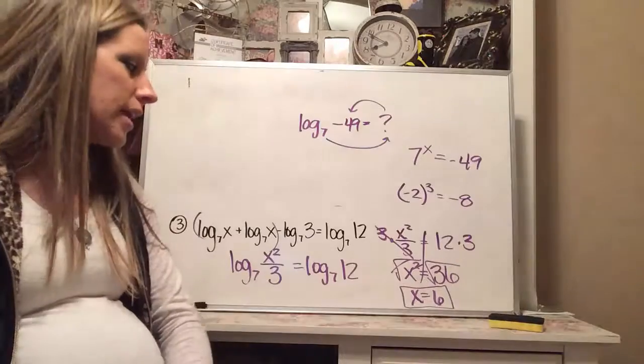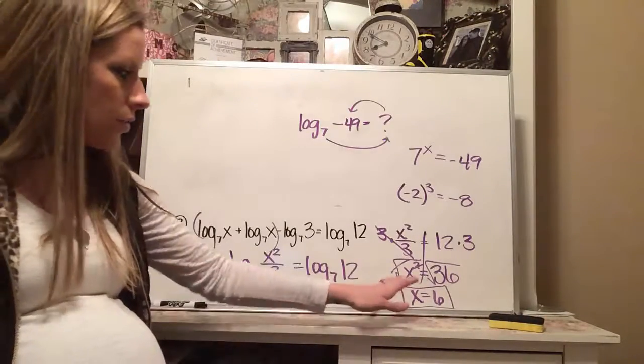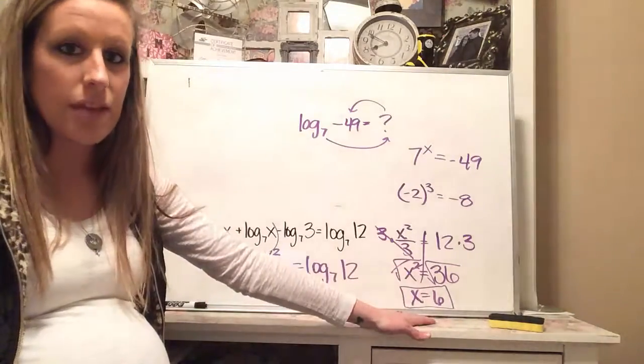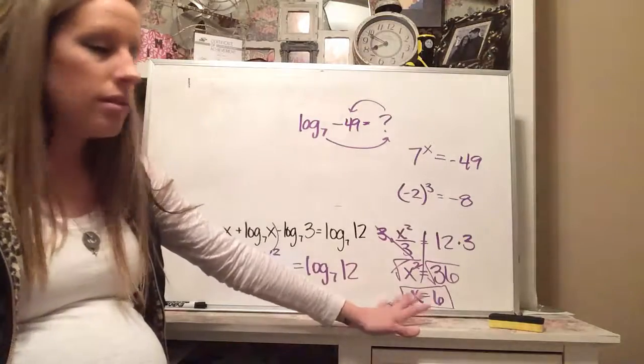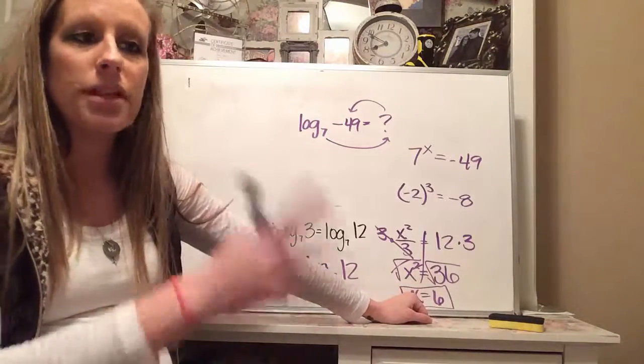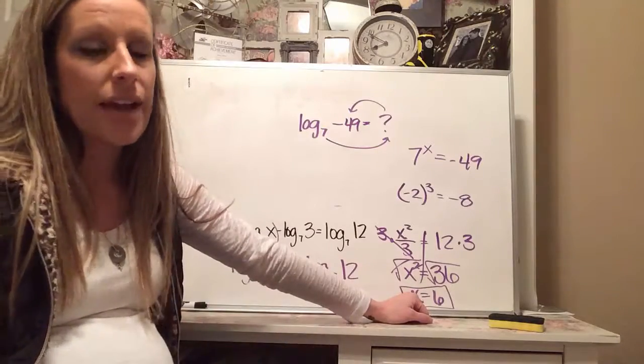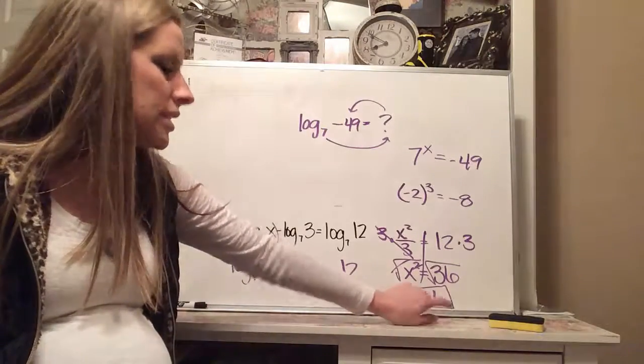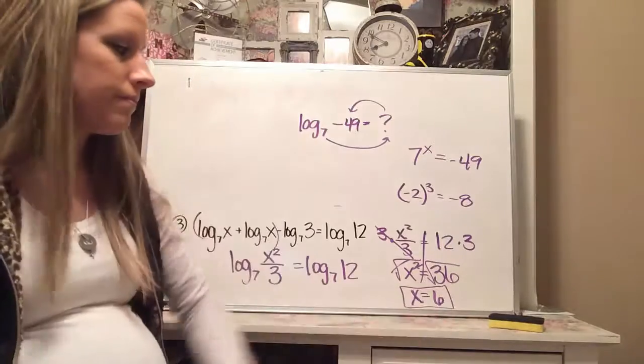So it's not going to happen. So whenever we take the square root of something, cube root of something, whatever, we're going to stay with the positive number. Don't worry about plus or minus. Don't worry about the negative side of it. We're going to stick with the positive numbers.